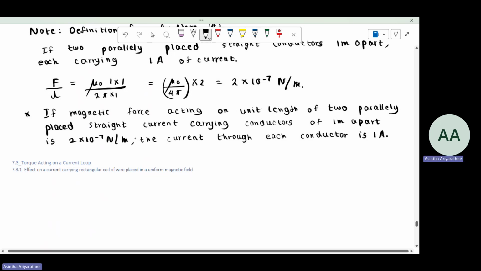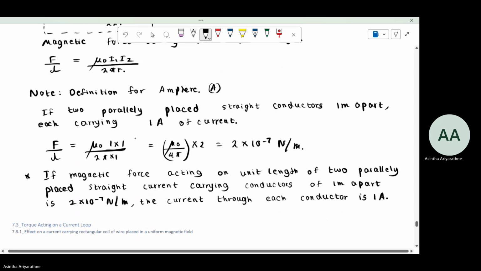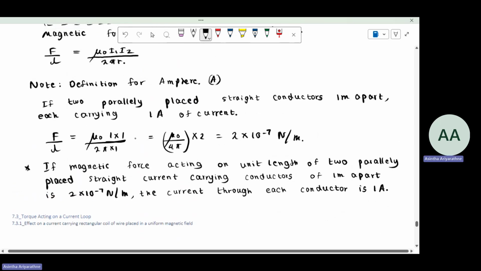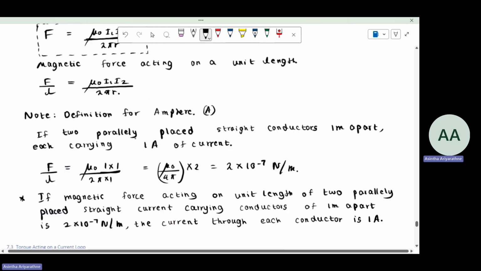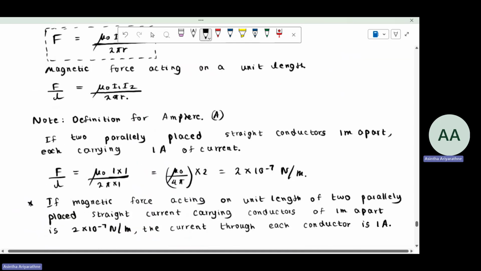This is the definition for ampere using this mutual magnetic force acting on two current carrying conductors.